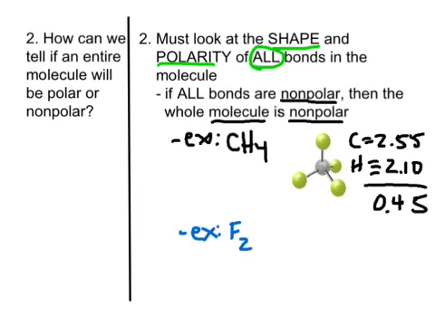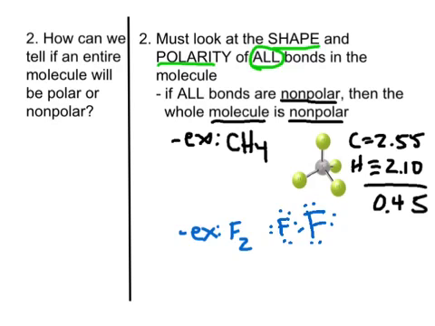Another example is fluorine gas, F2. So in fluorine gas, it's just two fluorines hooked up together, right? So we have two fluorines hooked up together. If we take a look at their difference in electronegativities, it's going to be 0, right?